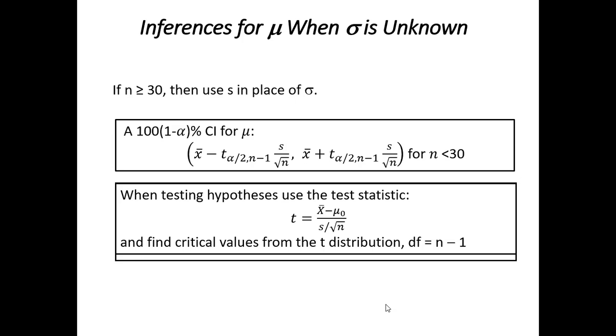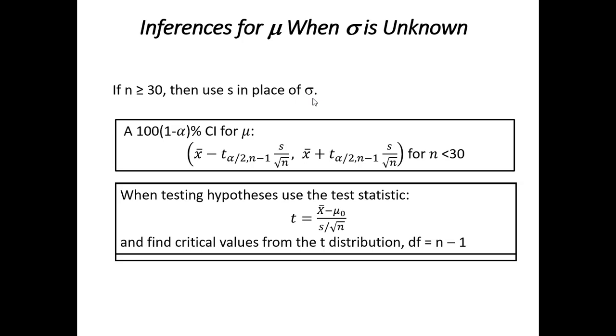Let me first note that if sigma is unknown, and your sample size is greater than or equal to 30, then we could just use S in place of sigma in the formulas and the methods that we just looked at. So if the sample size is large, we could still proceed the way we were doing before.